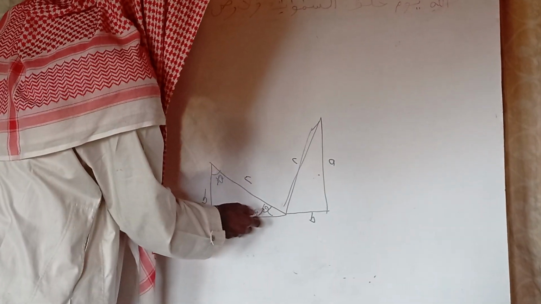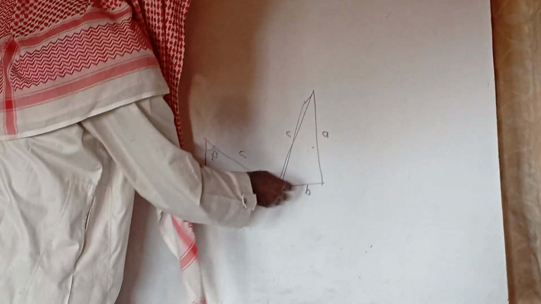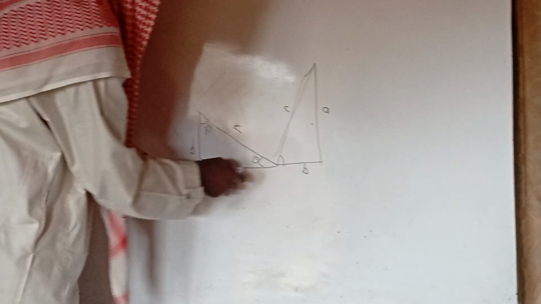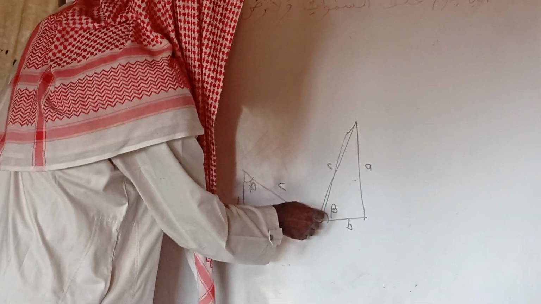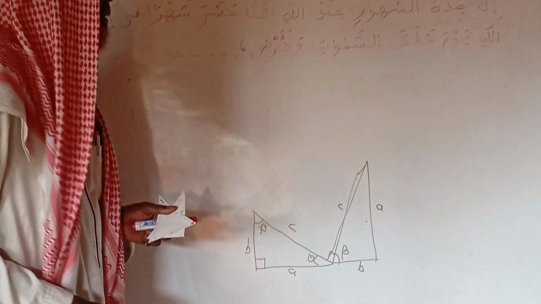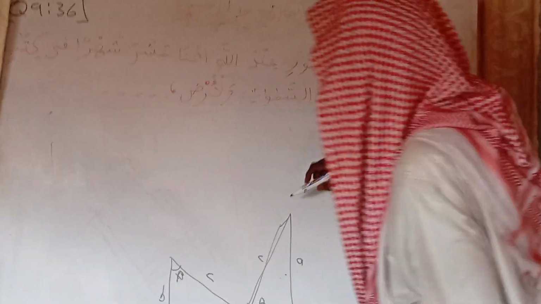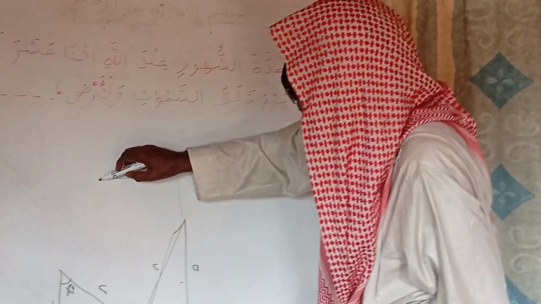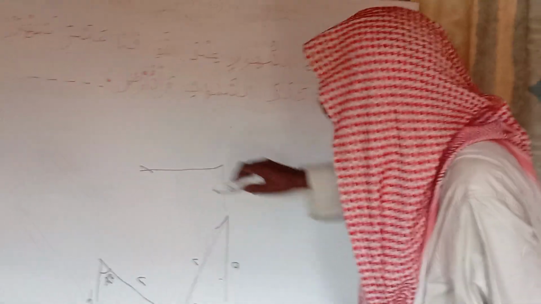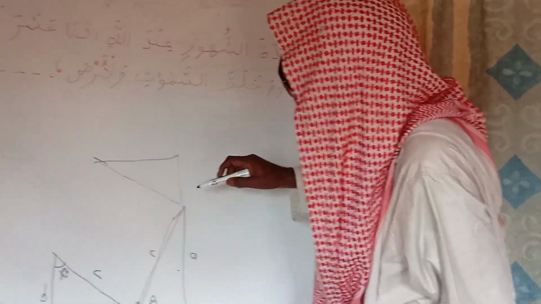And since this angle is theta, this angle will be beta, meaning that this angle is a right angle. Now, you can again put the same triangle upright, put it that way.